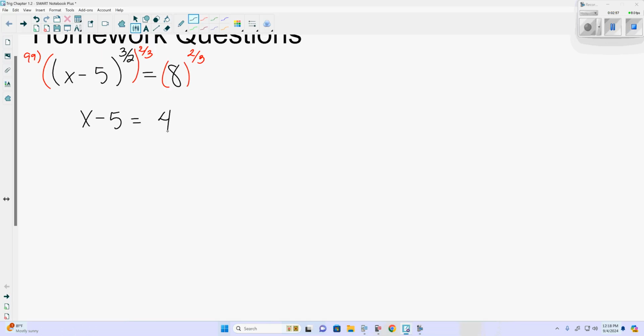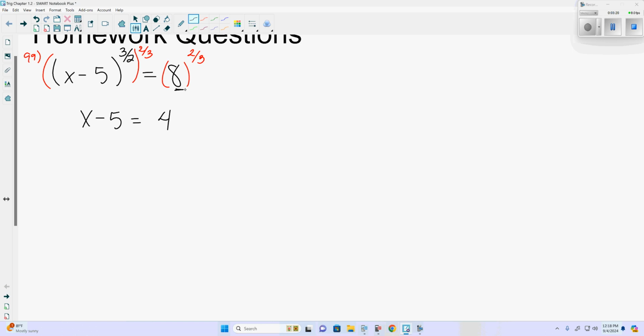Now we have this here. If the denominator of what we're putting both sides to is even, so here it's odd because the 3. What we're saying with the 2/3 is that we're taking 8, the top number is squaring it, it's what the power to it is. The denominator is the root. So since it's 3, we're looking for the cubed root.